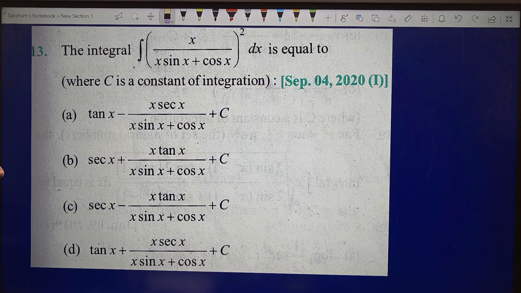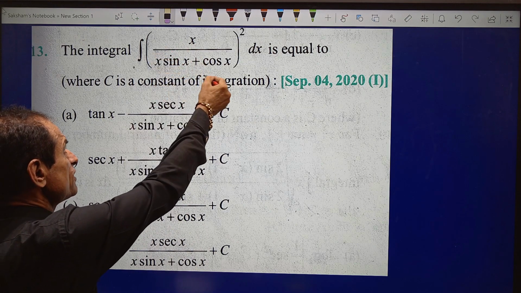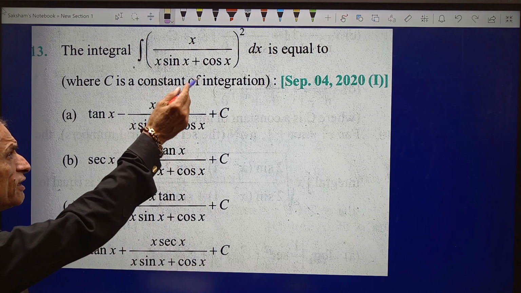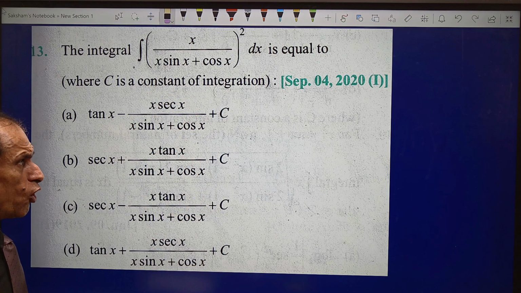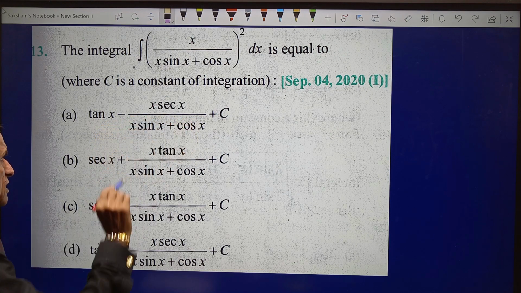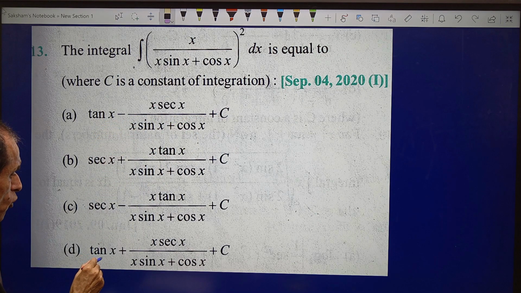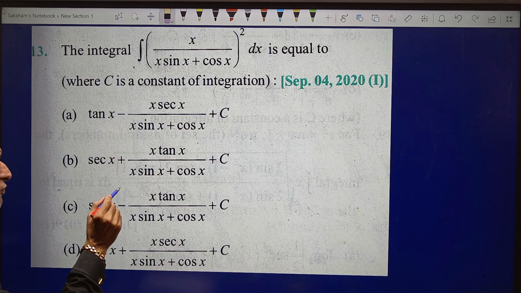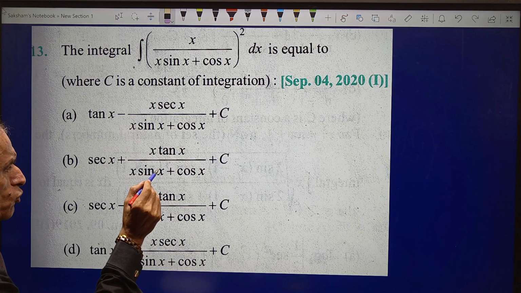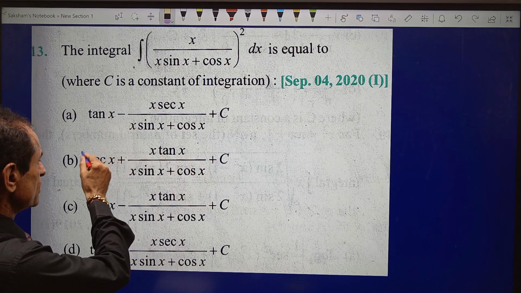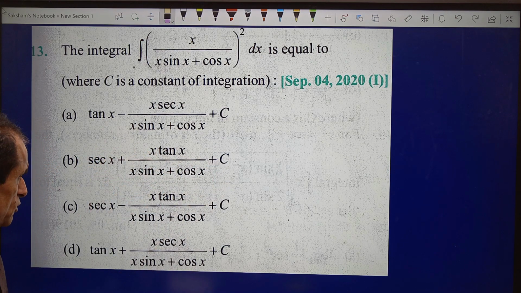And note that the integrand is an even function, hence the integral must be an odd function. Clearly this is an odd function if I take c equal to 0. This is also an odd function if I take c equal to 0. This is neither even nor odd for any value of c, because I just now told that we try to adjust the constant in such a way that the value of this whole becomes 0.